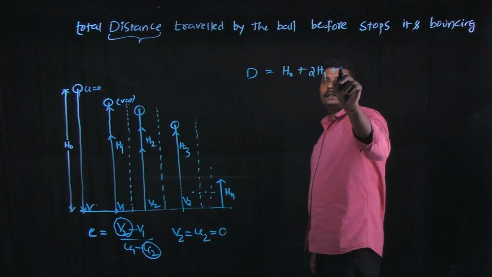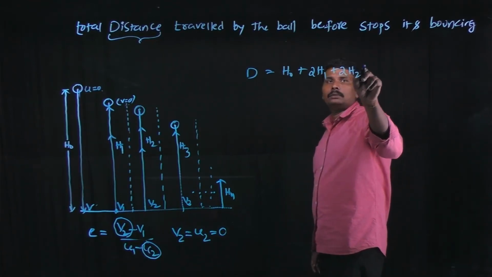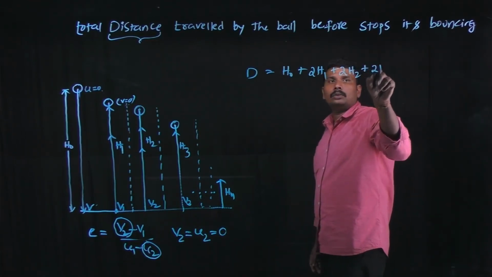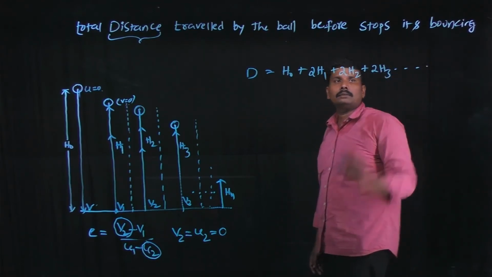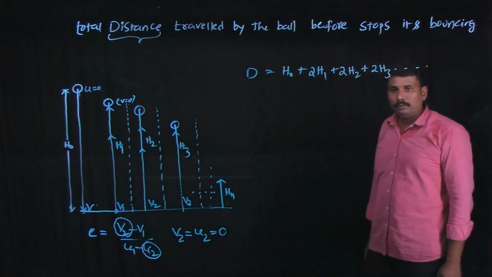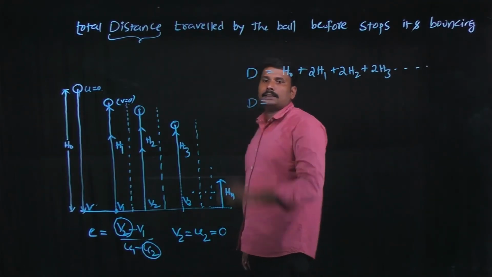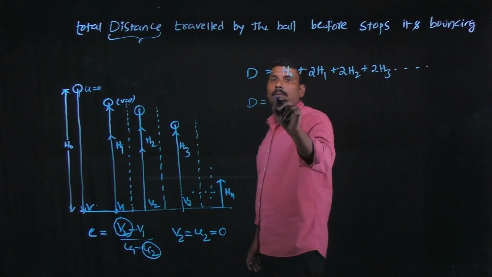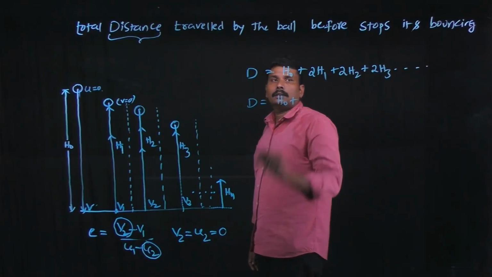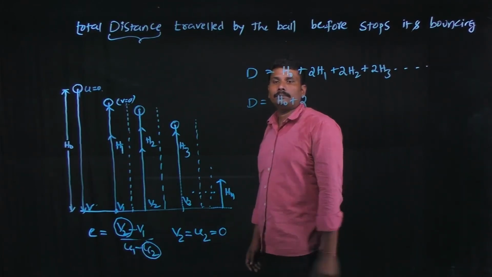Similarly 2h2 plus 2h3 and so on. Now by substituting the values, total distance equals to h naught plus 2 into h1.